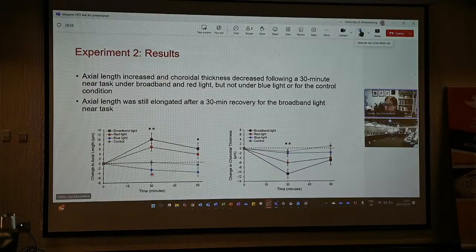So something about reading in blue light seemed to mitigate the effect of this choroidal thinning that we saw in other conditions. And we saw that this returned to baseline for all conditions except broadband light. The axial length still seemed elongated after 30 minutes of recovery.